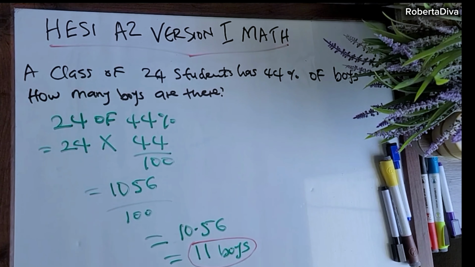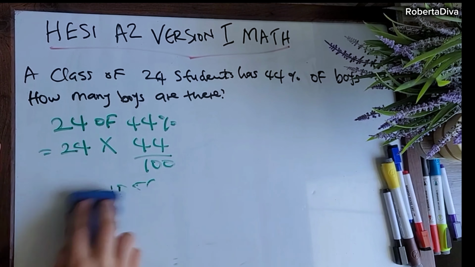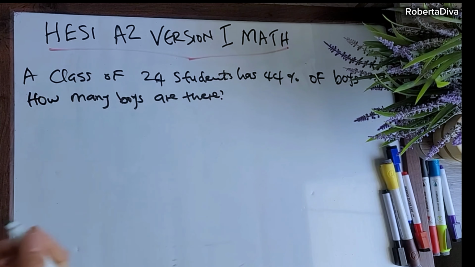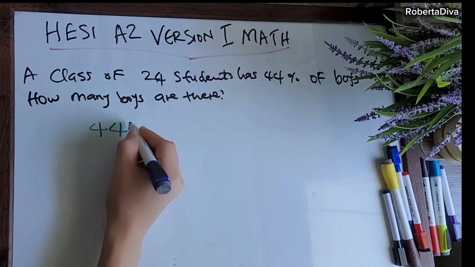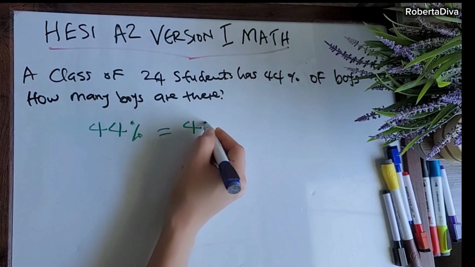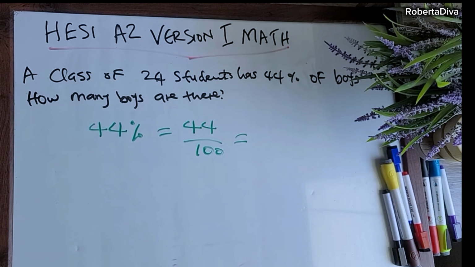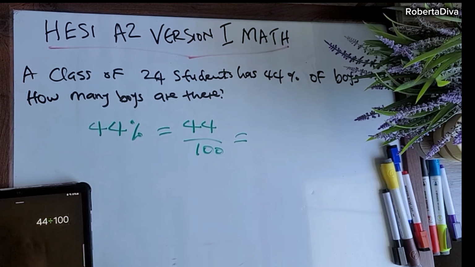So let me show you another way you can do this. So, like I said before, 44% means 44 over 100. 44 over 100, right? So 44 over 100 is going to give you 0.44.